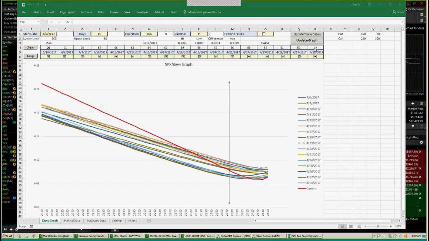Until I update the data, which I probably will do today or tomorrow, you're looking at a 49 DTE. Naturally, as time goes on, it gets a little steeper just because of the time frame. But it gives me an idea of what environment I was trading in the past versus what I'm trading today.